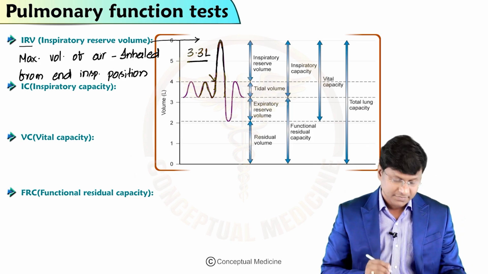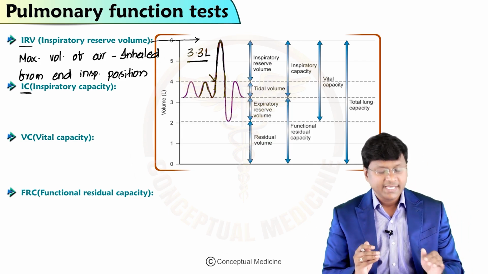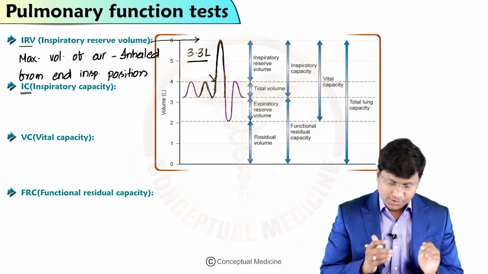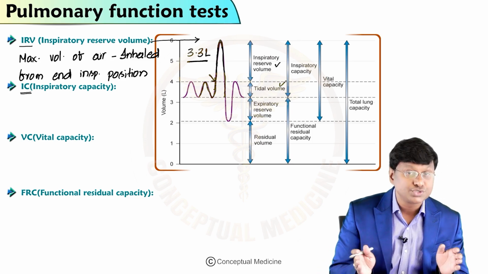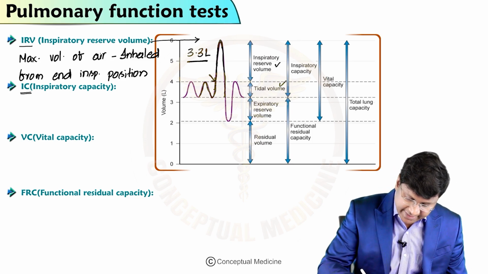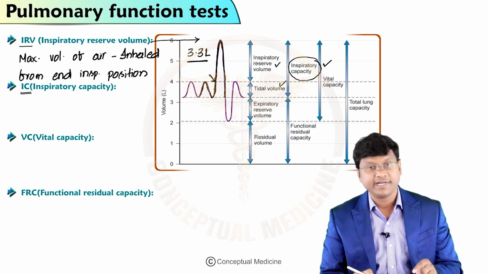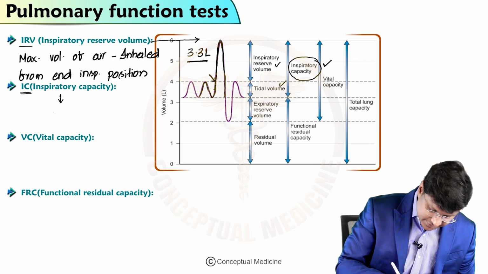That is the IRV. Then coming to the inspiratory capacity. See, capacities are nothing but it is the summation of the volumes. So when you sum up the inspiratory reserve volume and tidal volume together, what we get is the inspiratory capacity. So inspiratory capacity is inspiratory reserve volume plus tidal volume.